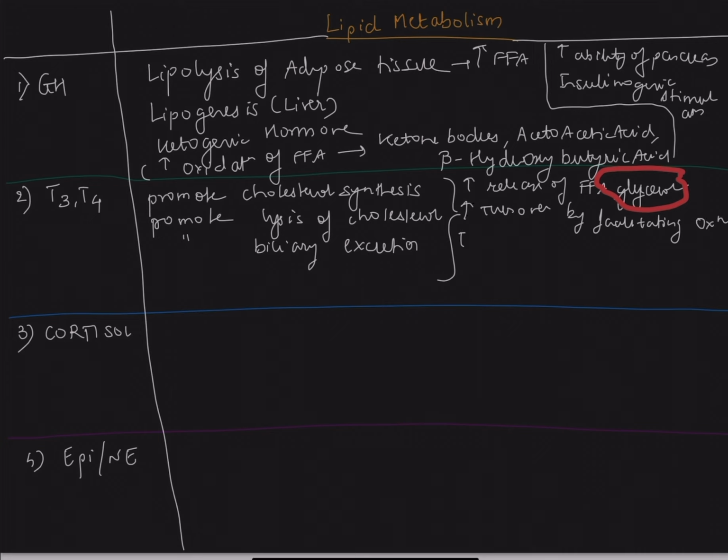There is increased LDL receptors in the liver. So because of this, since there are more LDL receptors in the liver, there is increased cholesterol uptake. That means more cholesterol is taken up by the liver.